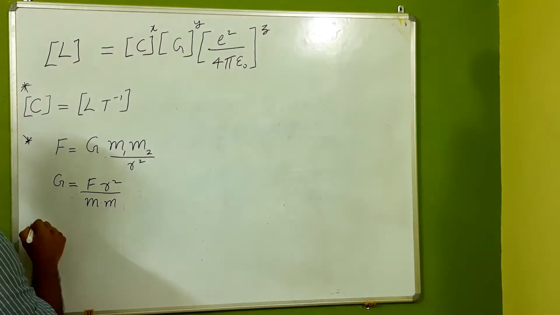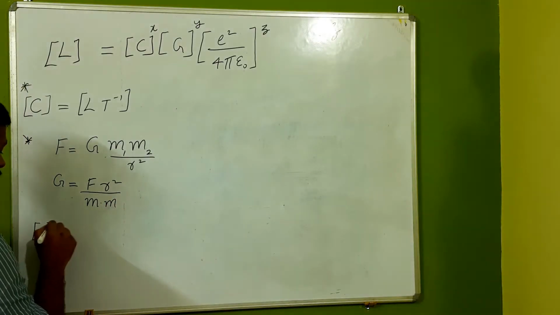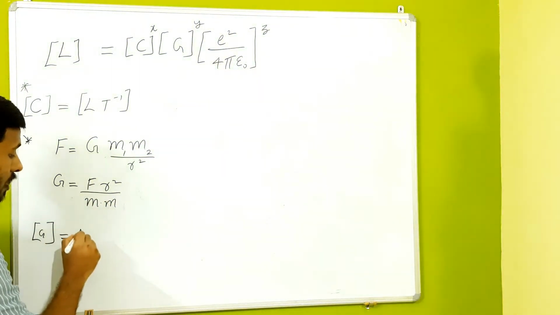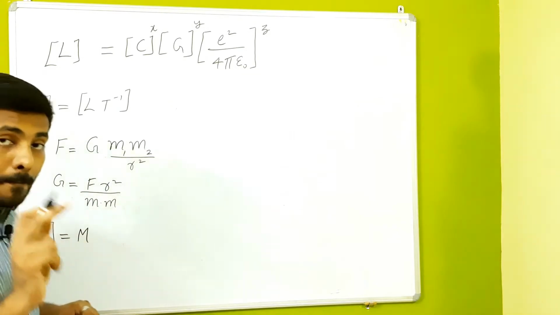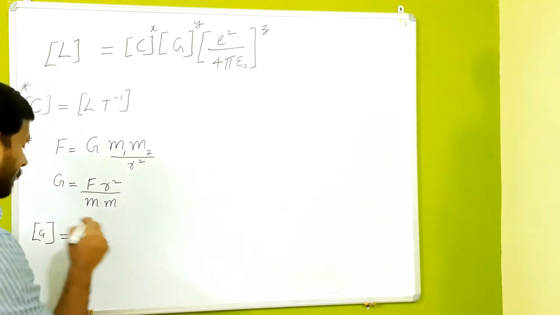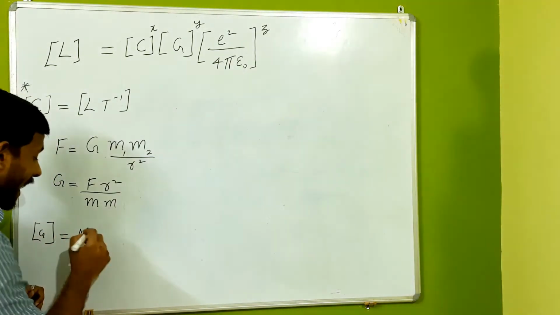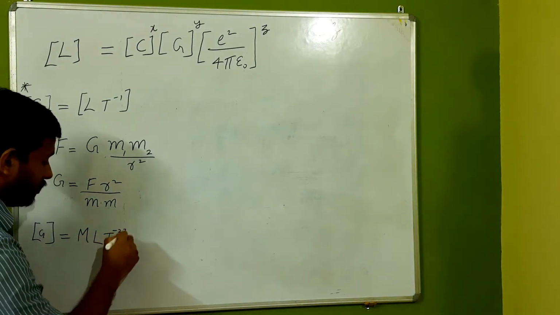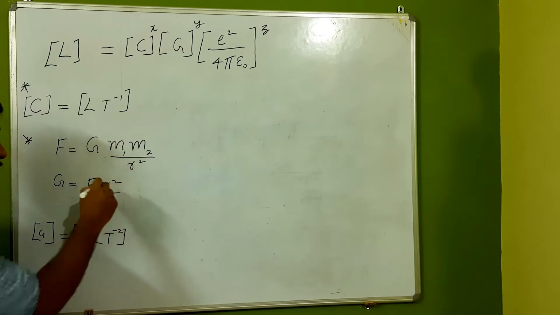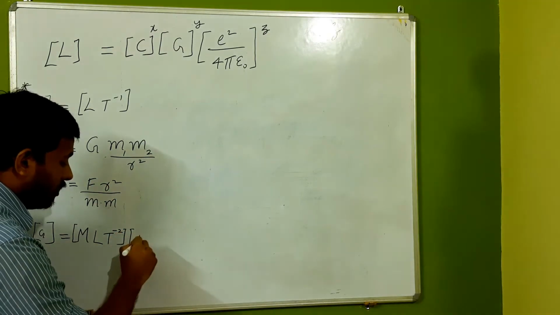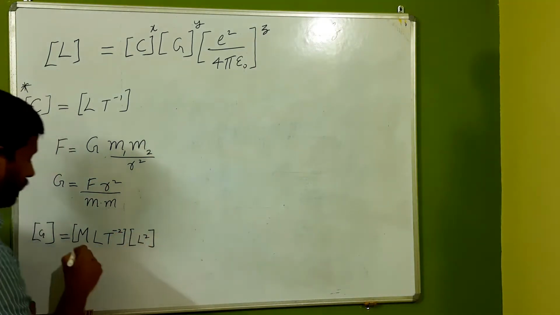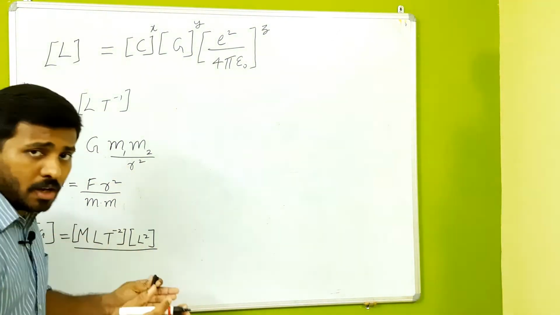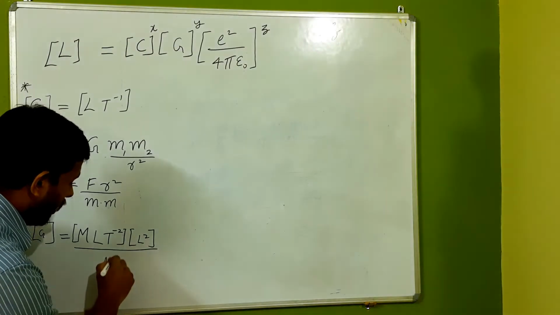So the dimension of G is equal to the dimension of F, where force is mass into acceleration. This is mass and acceleration is L t raised to minus 2. And we have r square. Therefore we get L square divided by m into m, that is mass times mass, which we will get as m square.